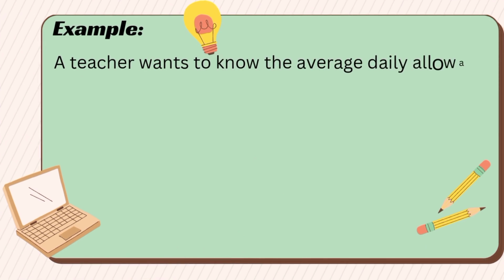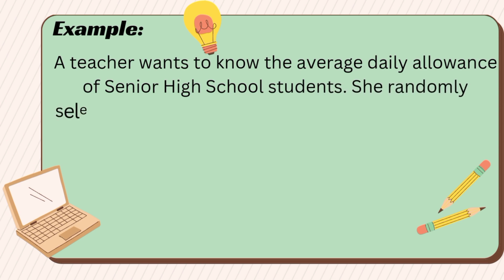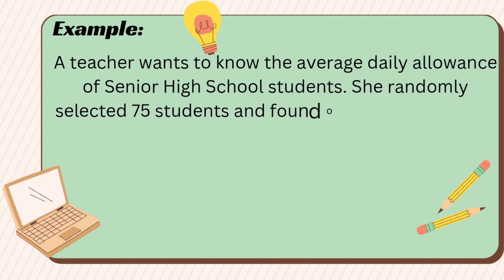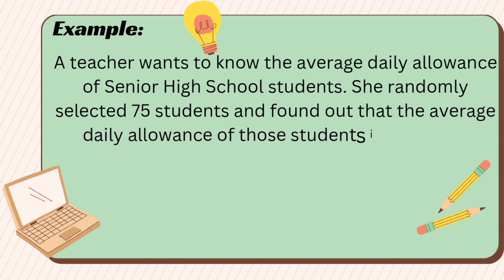The problem is: a teacher wants to know the average daily allowance of senior high school students. So she randomly selected 75 students and found out that the average daily allowance of those students is 50 pesos.